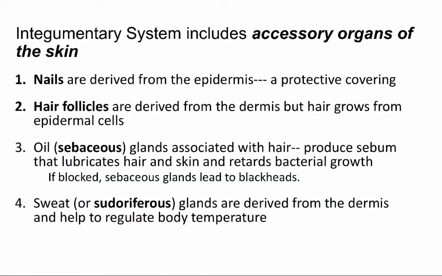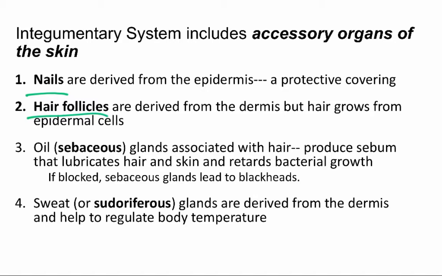So the integumentary system also includes the accessory organs of the skin, our nails, which are a protective coating, back of the fingers, top of the toes. They also actually increase the sensitivity of our fingertips and our toe tips. Hair follicles are technically accessory organs.